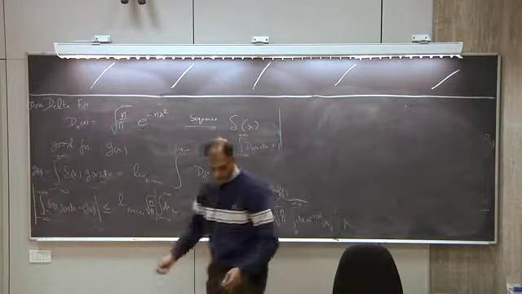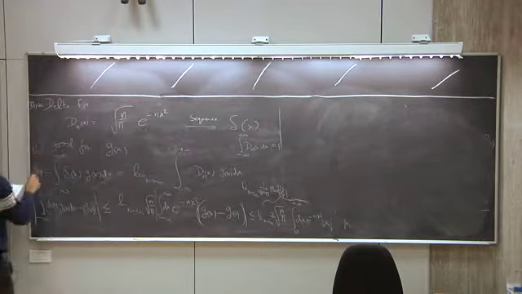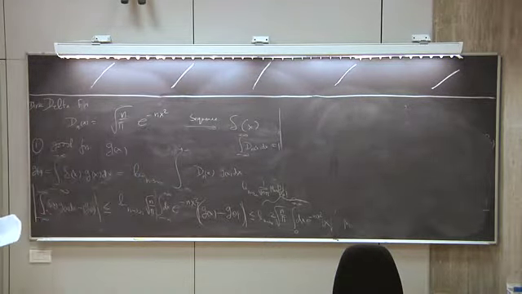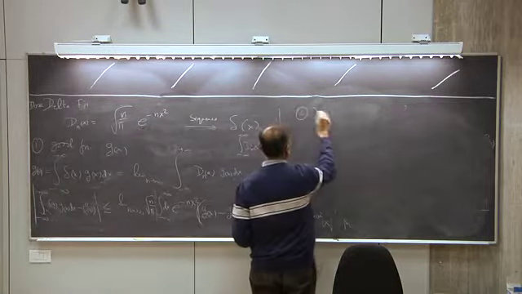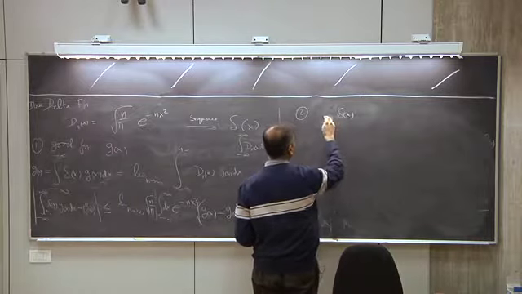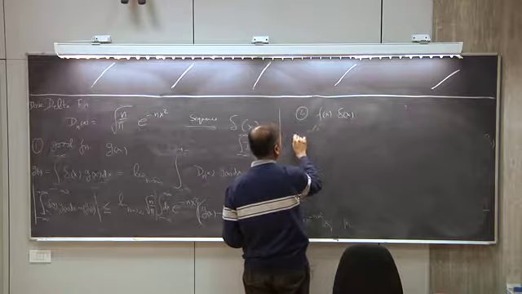So this was one. Let me just list some of the properties. So this was the first property, this equation. The second property is that if you take delta x and multiply this by any fairly good function, f of x is a fairly good function.